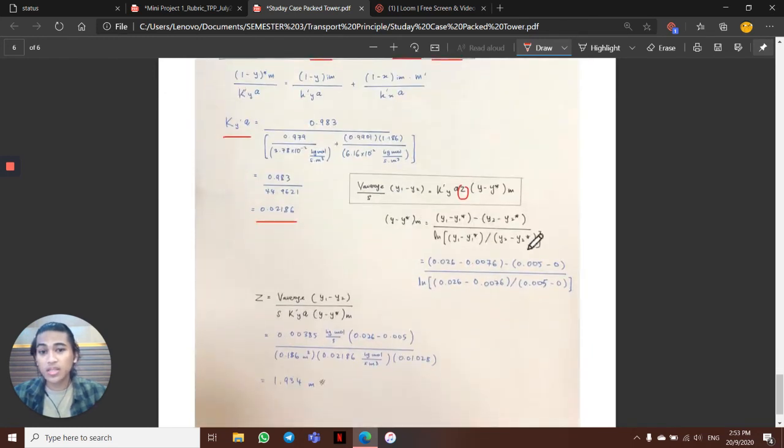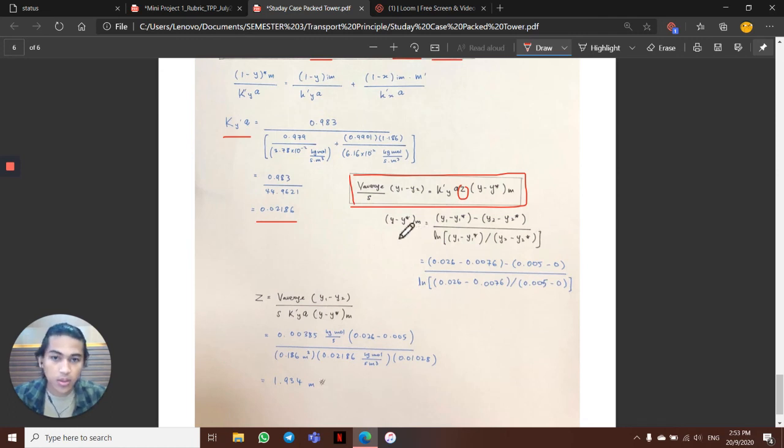And lastly, using the formula from the appendix to find the capital K that has Z, which is the height of the tower. So in order to find Z for the capital K prime coefficient, we have to use this formula from the appendix. And then same as well, we must isolate the z.